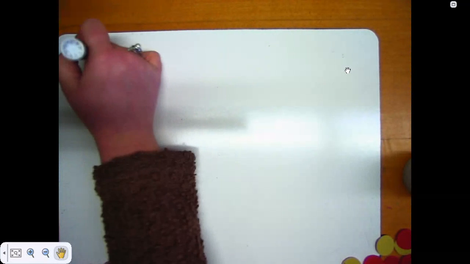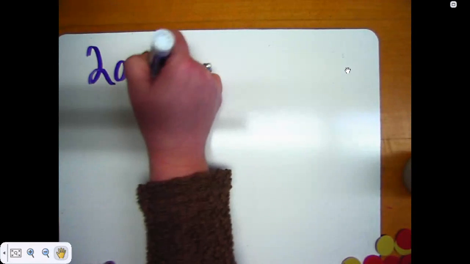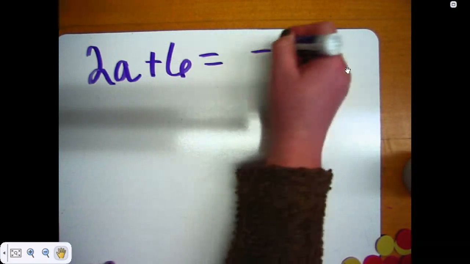I have written down a bunch of problems that are equal to 2. I'm trying to find one that's not equal to 2. Oh, here's one. I think we've already done that one, though. Let's see. Here's one. 2A plus 6 is equal to negative 2.